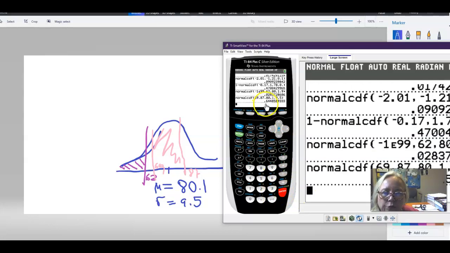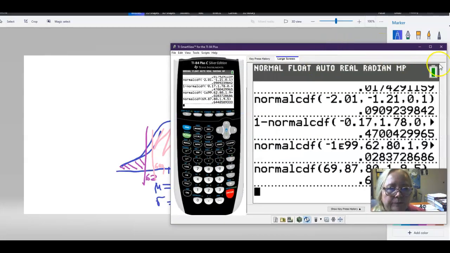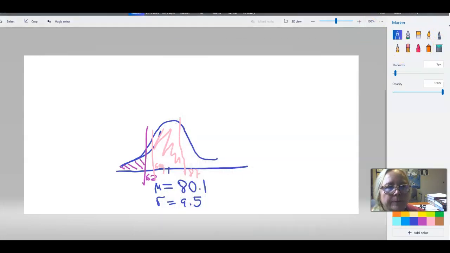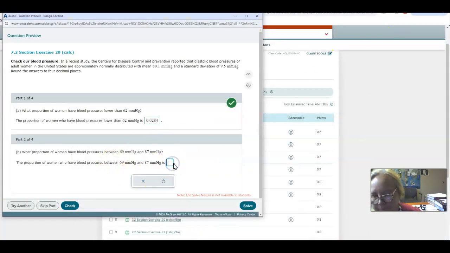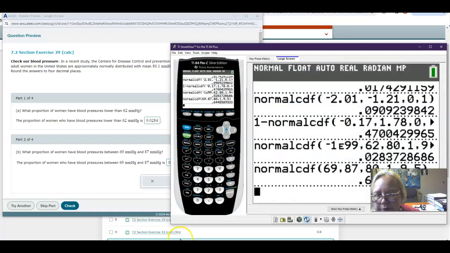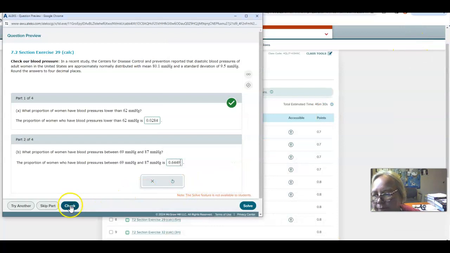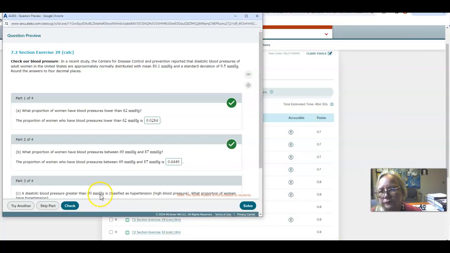And we got 0.64485, which, rounded to 4 decimal places, will be 0.6449. Let's double check that we entered the number correctly. Yes, and check. So it's correct.